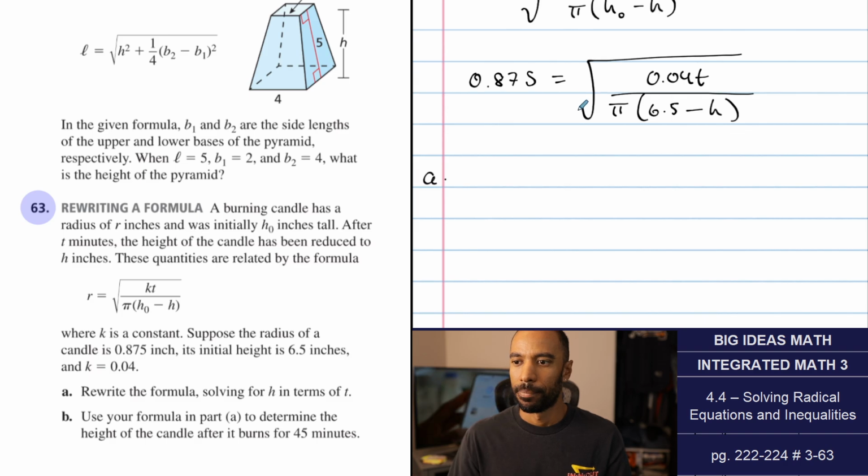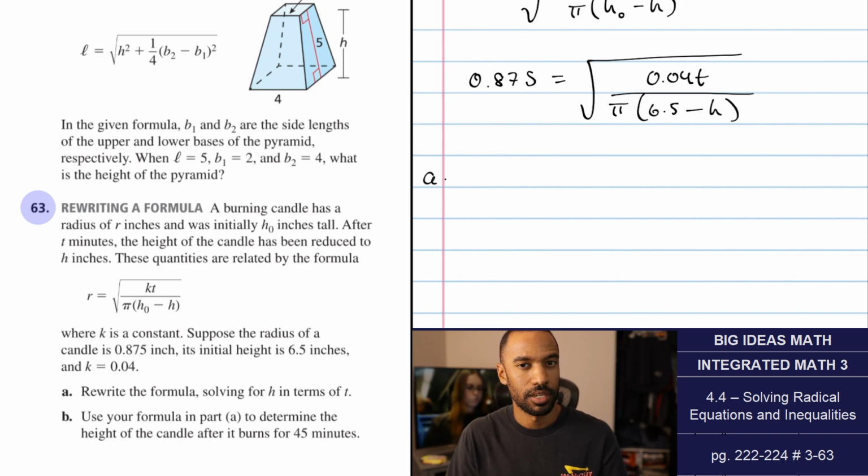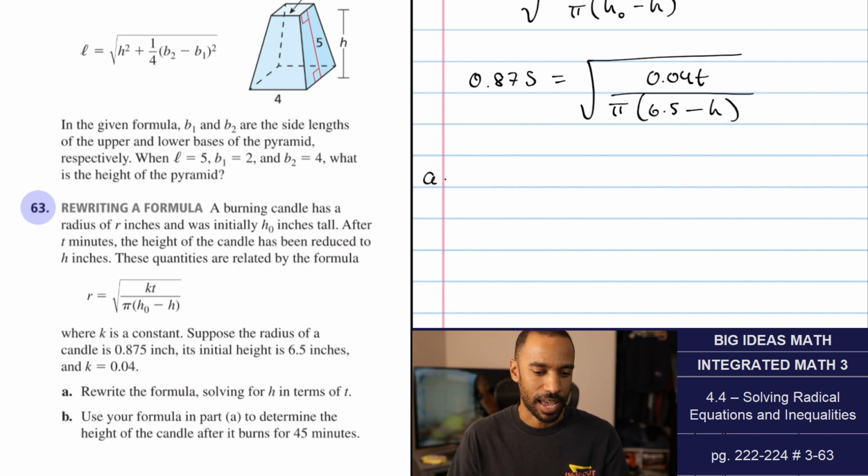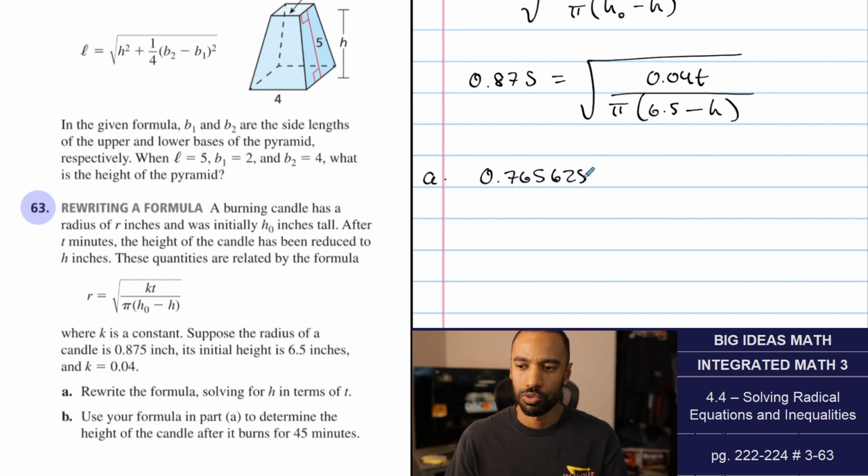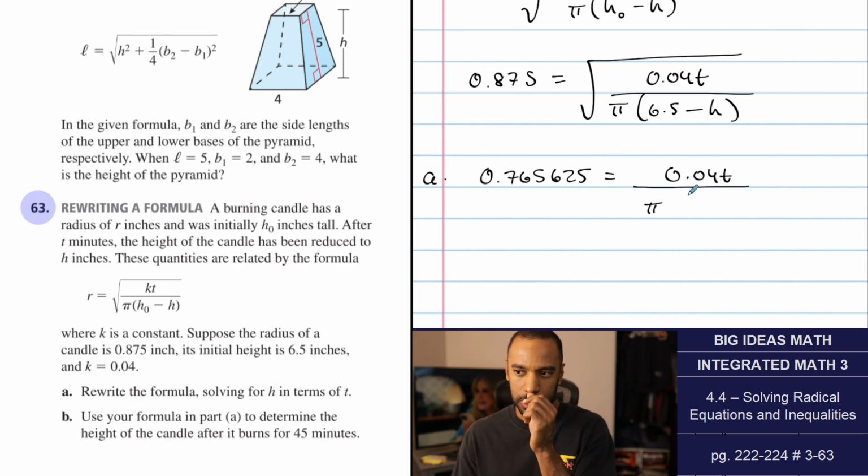Rewrite the formula. Okay. First thing I want to do is square both sides right now. So 0.875 squared. Now 0.875 is 7/8. I might want to write that like a fraction, but 7/8 squared is 49/64, which I don't know what that decimal is. I guess it's exact. So let's see, 0.875 squared is 0.765625. 0.765625 equals 0.04t over pi times (6.5 minus h).